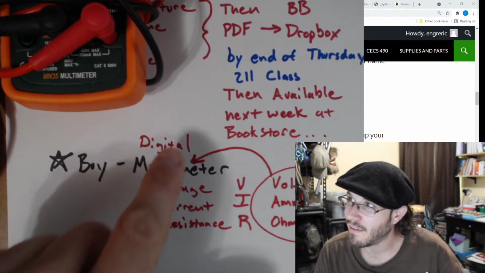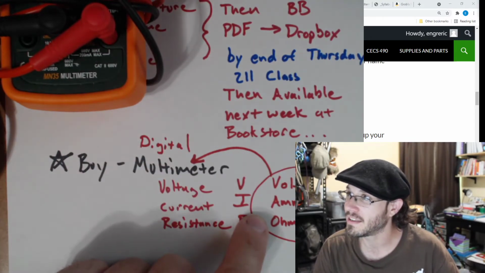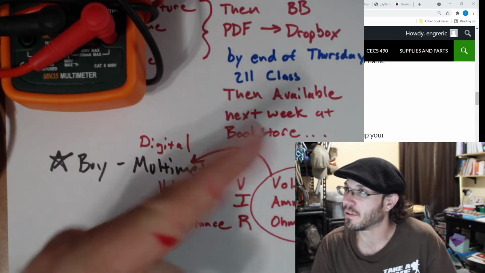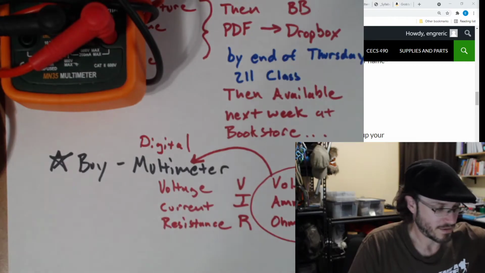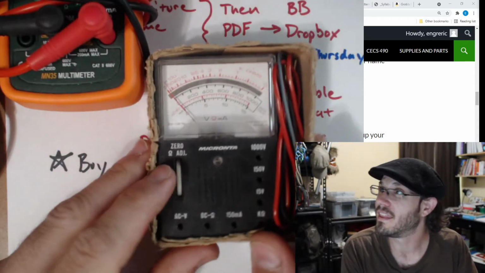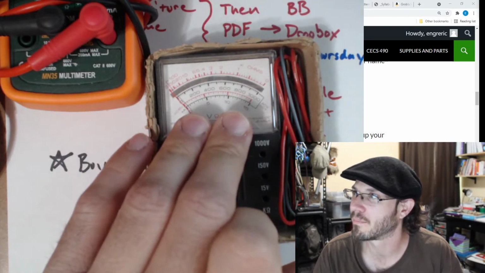If we don't have an LCD that displays the measurement of these quantities, but instead we have a needle that slides back and forth, then we have what's called an analog multimeter.